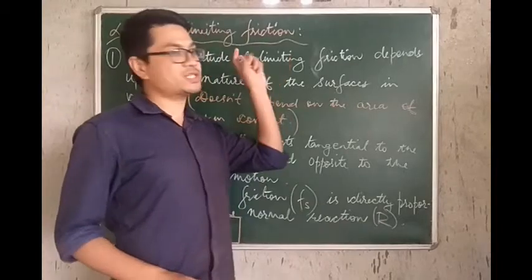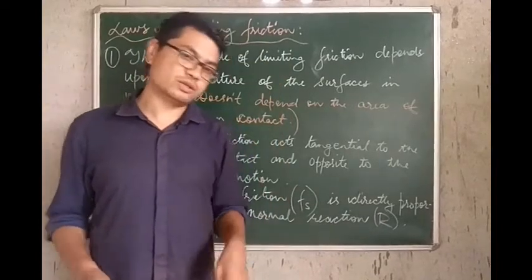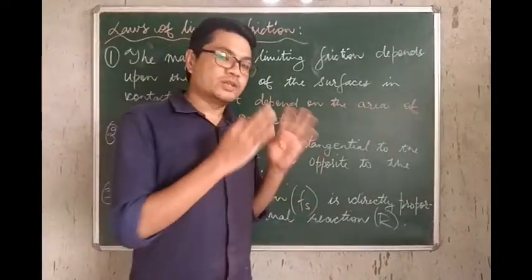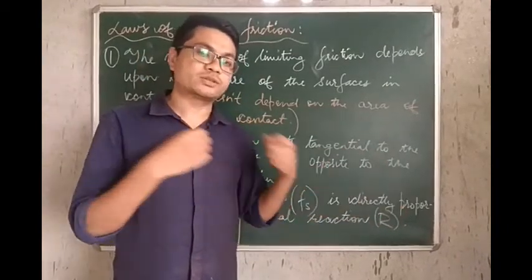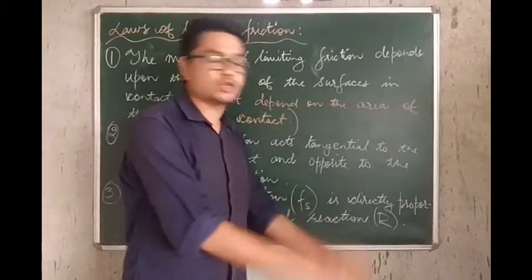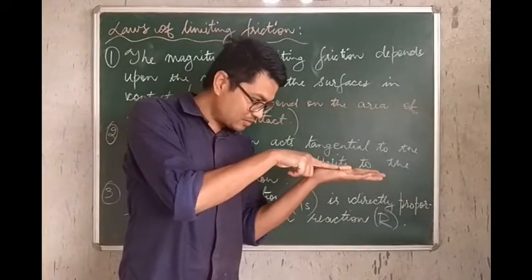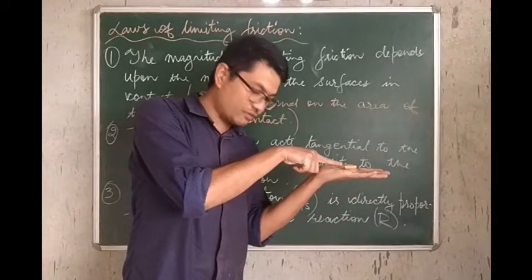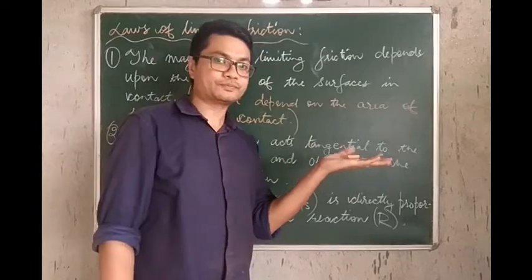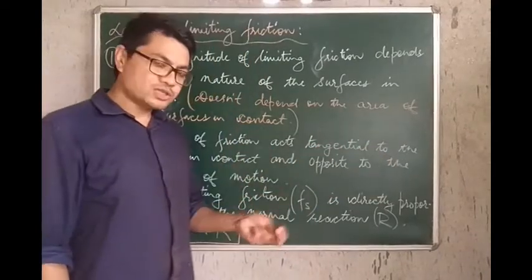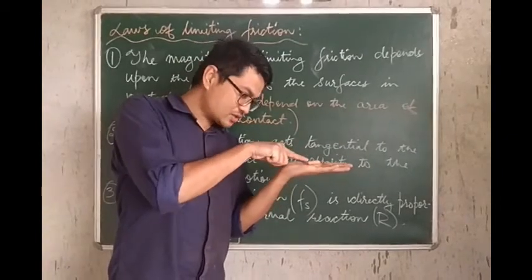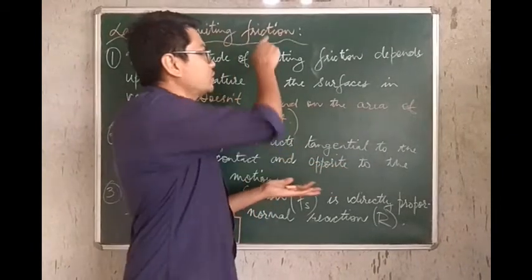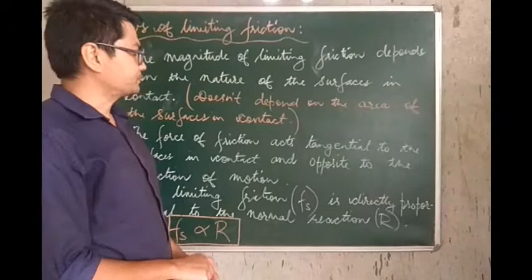So, limiting friction is the maximum value of the static friction when the body, under the influence of an external applied force, of course, is on the verge of movement. The body is just about to move under the application of an external force. Okay, so the force of friction, or rather the maximum value of the static friction which acts then, is what is called your limiting friction.